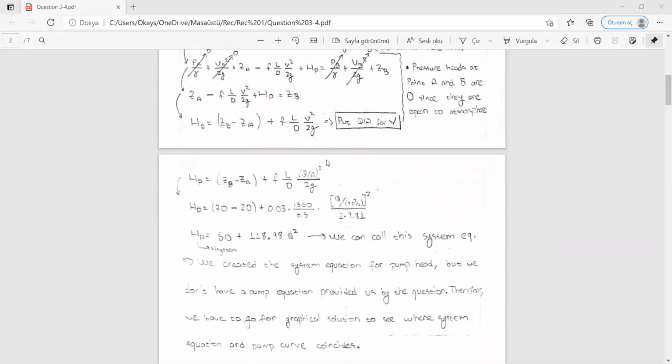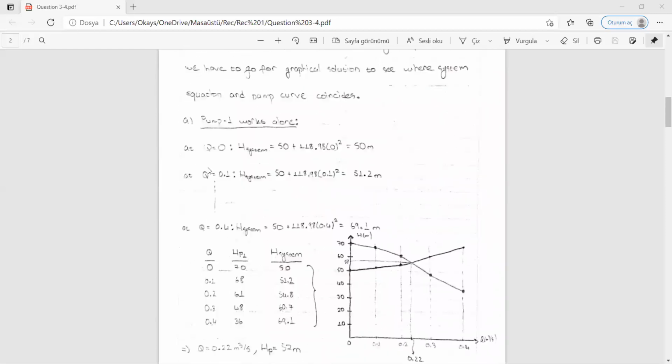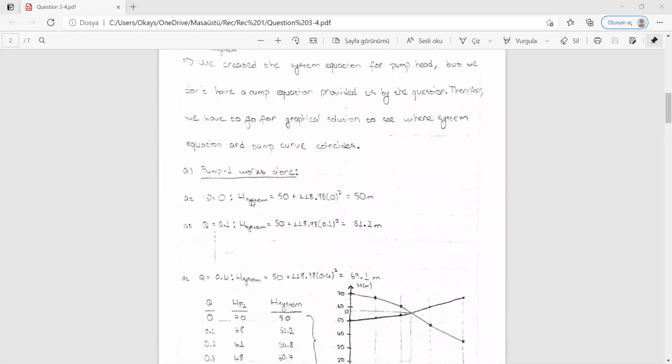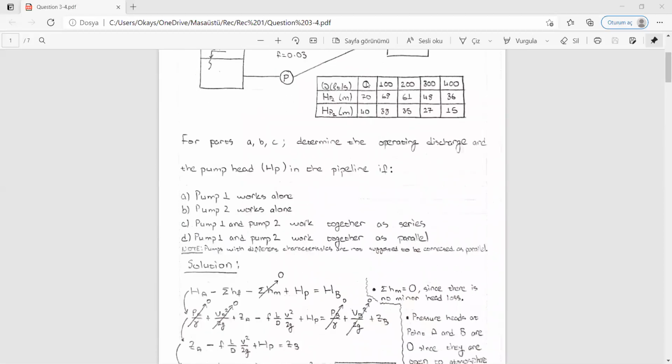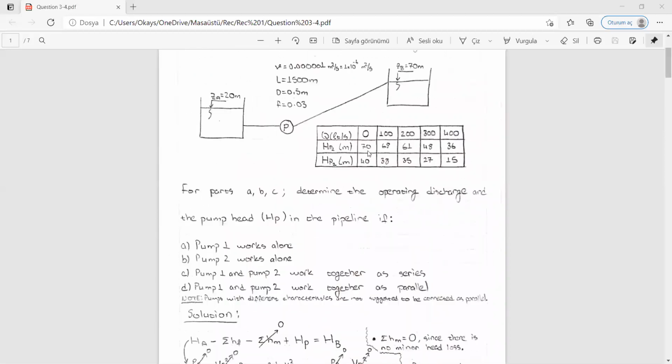So when you put these values, I put 3 of them here as an example, so you can see how I did it. For the first one, the discharge is 0. So when the discharge is 0, the system head will be equal to 50 plus this one times 0 squared, so it will be 50.